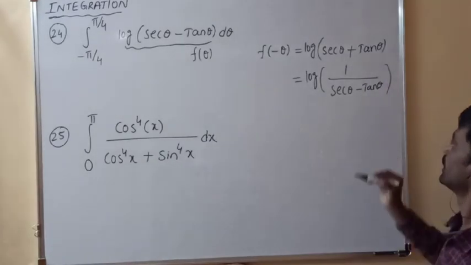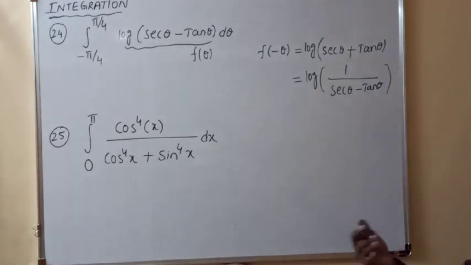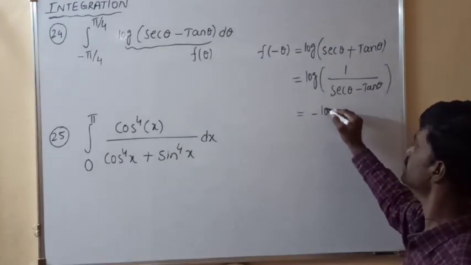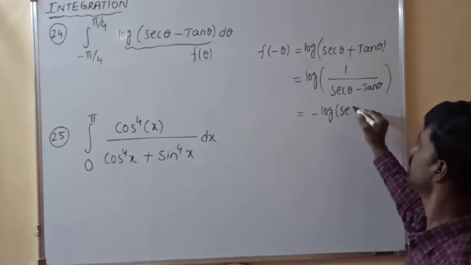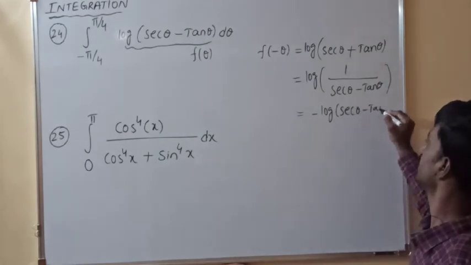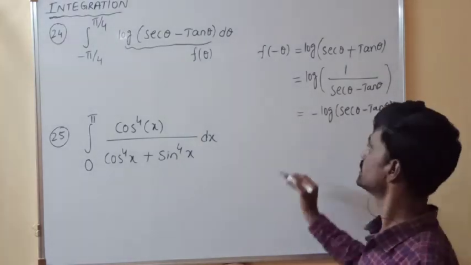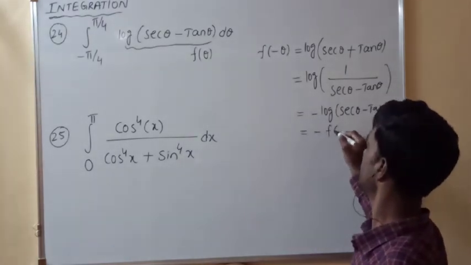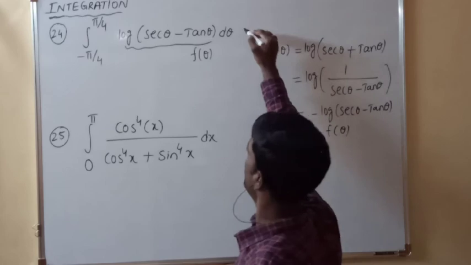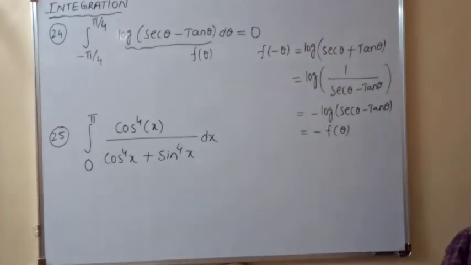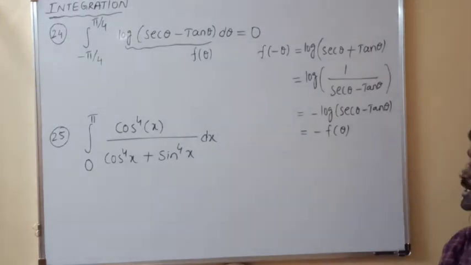That is equal to minus log of secant theta minus tan theta. So the given function is an odd function because it is equal to minus f of theta. As it is an odd function, using that property, the answer will be 0.